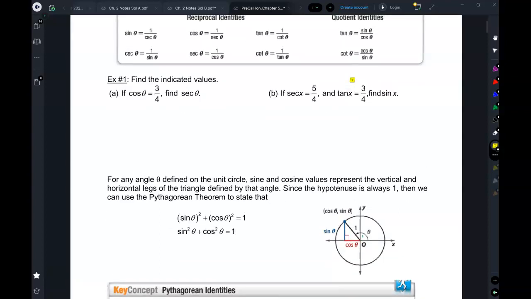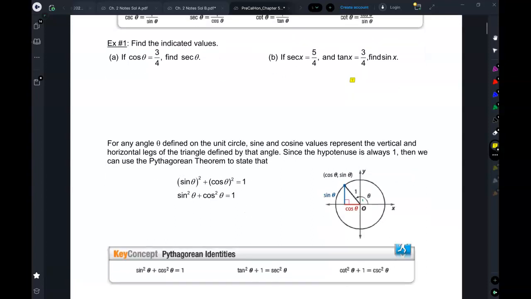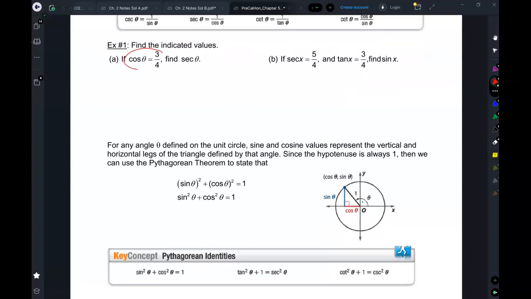Okay, so here it says to find the indicated values. You're always going to have something that you're given, and then you have to find something else. Again, what I've always said is it's never about the final answer. It's about the process. It's how to show your work to justify what you've done, right? So here, we are given this and we want this.